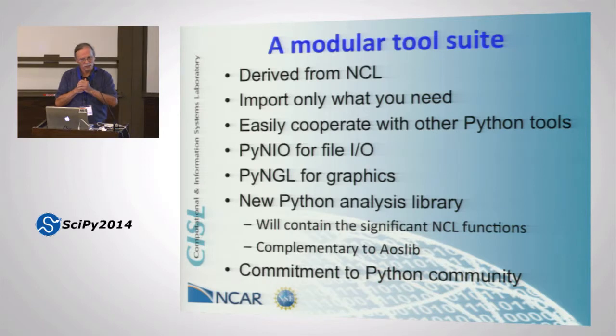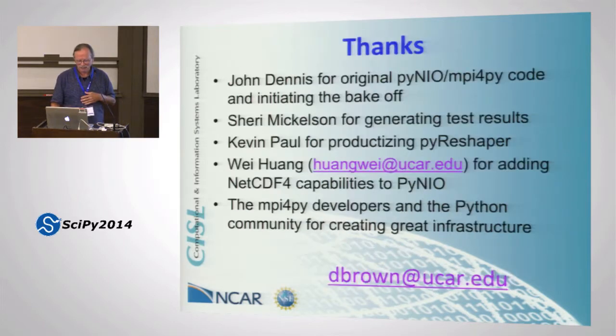We're going to make the NCL analysis library available from Python. And that includes a lot of WRF functions that people are interested in. And so we are committed to the Python community.